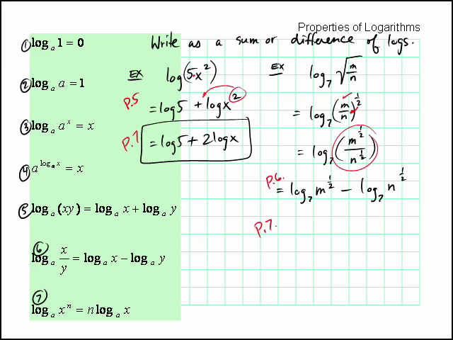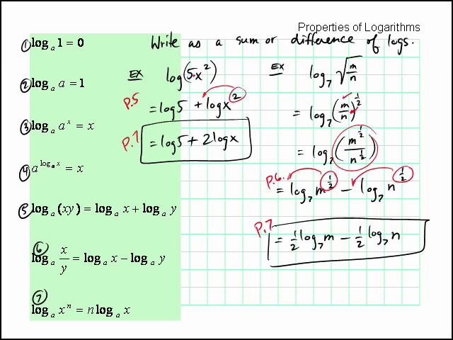And property 7 is the one that allows us to take this exponent and move it in front, as well as this one right here, which will give us our result: 1/2 log m minus 1/2 log n. And we have it written as a sum or difference of logarithms.